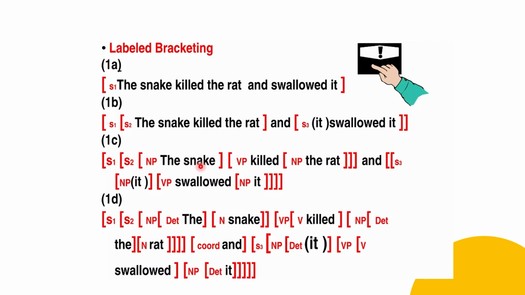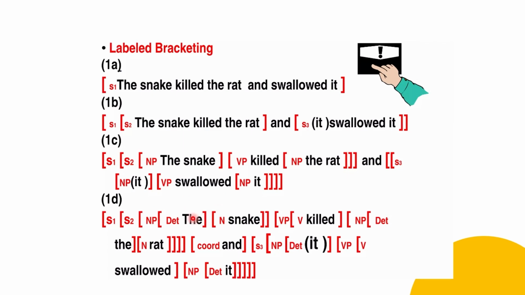The snake is actually a noun, right? So it comes under the noun phrase, and killed is a verb, so it's a verb phrase. Again, the rat is a noun phrase, and swallowed is a verb, so it's a verb phrase. And again, it is a noun phrase. And then the words are divided from the phrases.